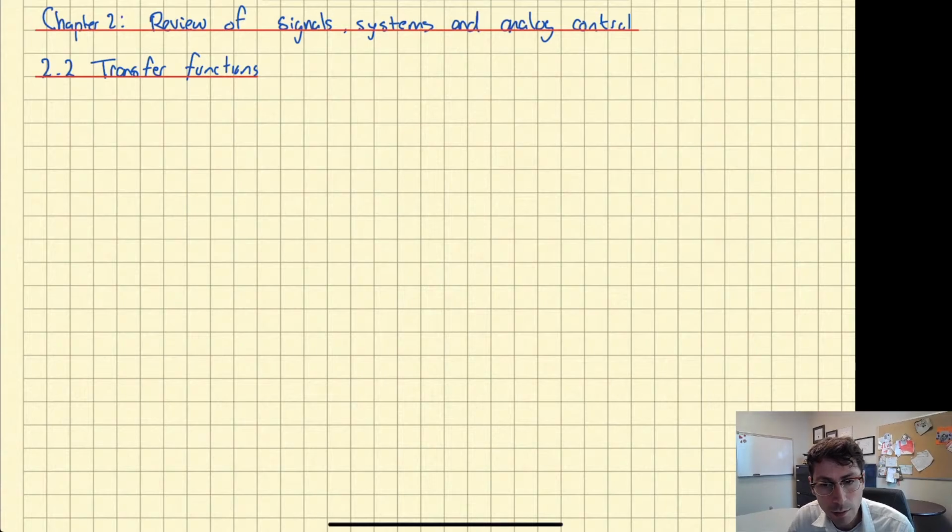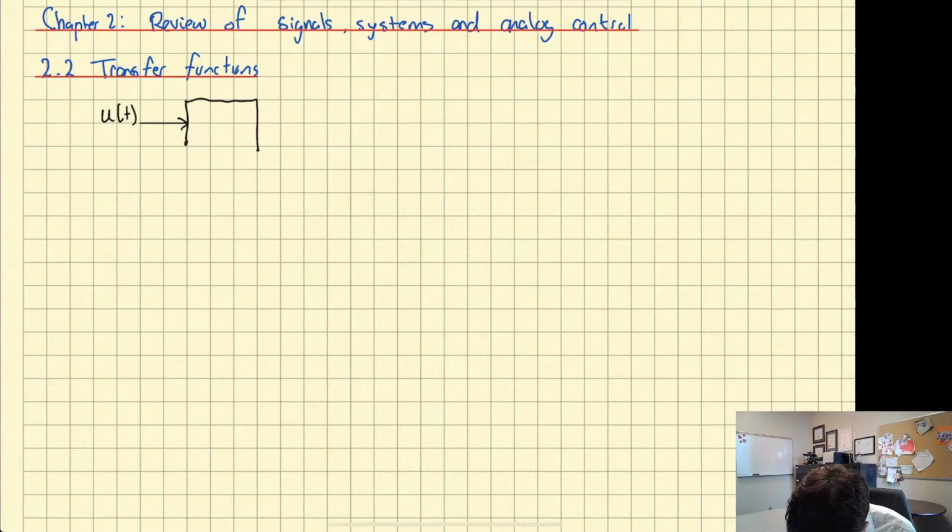If and only if you have a linear time invariant system, that system has a transfer function. So, what's the picture? Input u of t, output y of t. The block is linear time invariant.